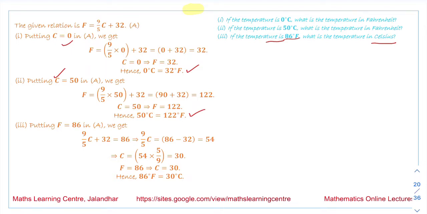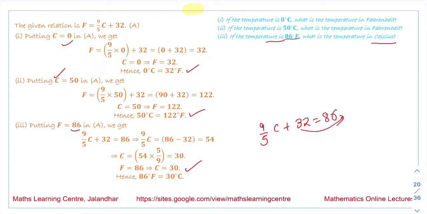Next is, if F is 86, that is the temperature given is 86 degrees Fahrenheit, and we have to find the temperature in Celsius. And the next is 0 degrees Fahrenheit, and we have to find the temperature in the Celsius scale. So for 86 we find the value of C as 30 degrees. When you substitute this value, you will get 9/5 C plus 32 is equal to 86.